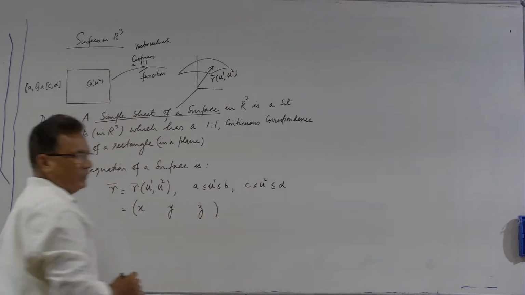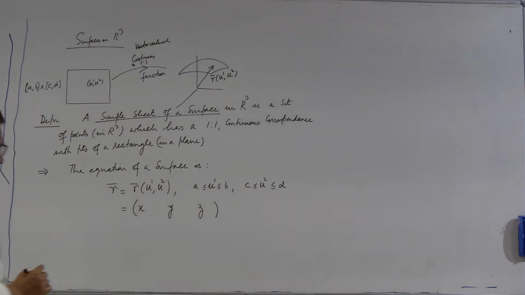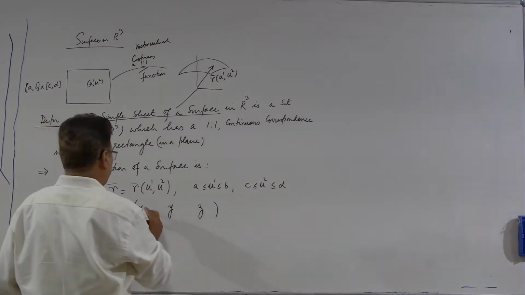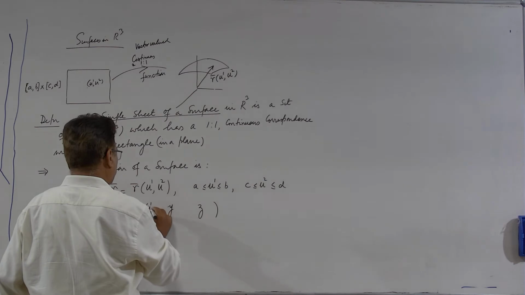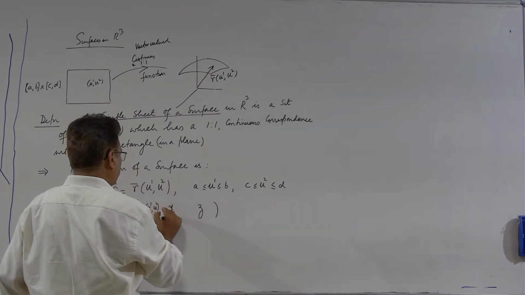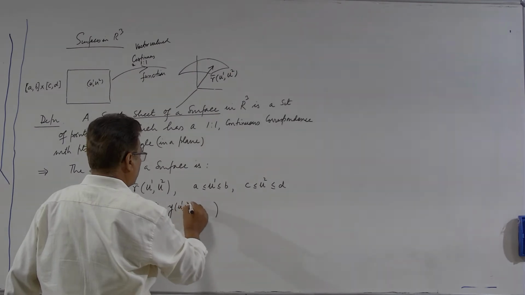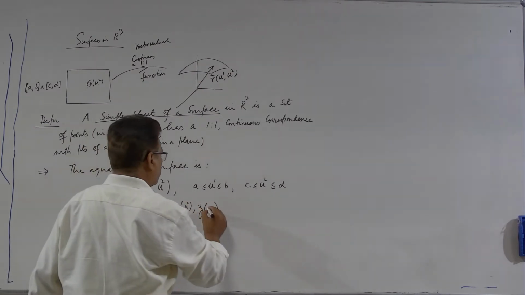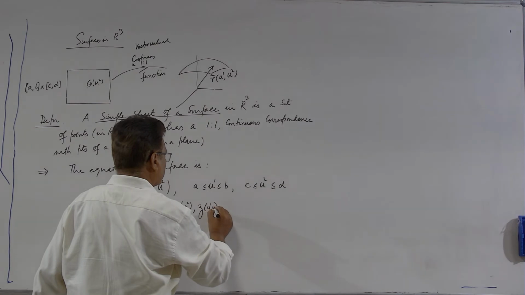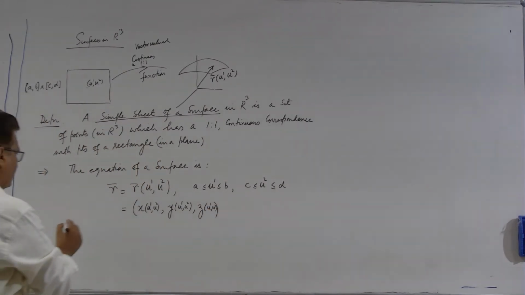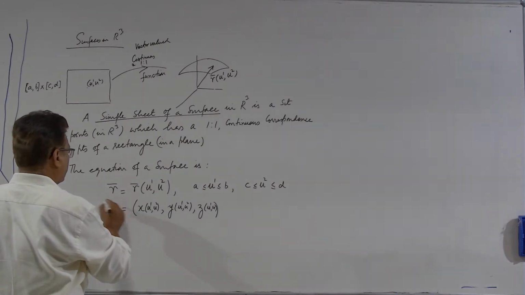These are the 3 components of the vector R. R is depending on u1 u2, so each of its components will also be a function of u1 u2. x is a function of u1 u2, y is a function of u1 u2 and z is also a function of u1 u2. So, R will look like this in terms of its components.